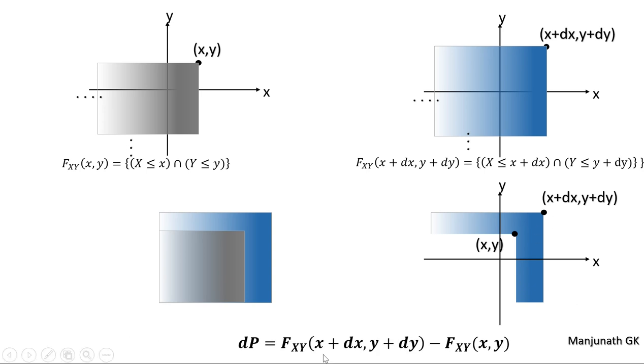It can be calculated as the difference area dP. It is the difference between two bivariate CDFs, and it can be defined as the difference between this CDF and this CDF. So this is how to calculate the difference area dP.